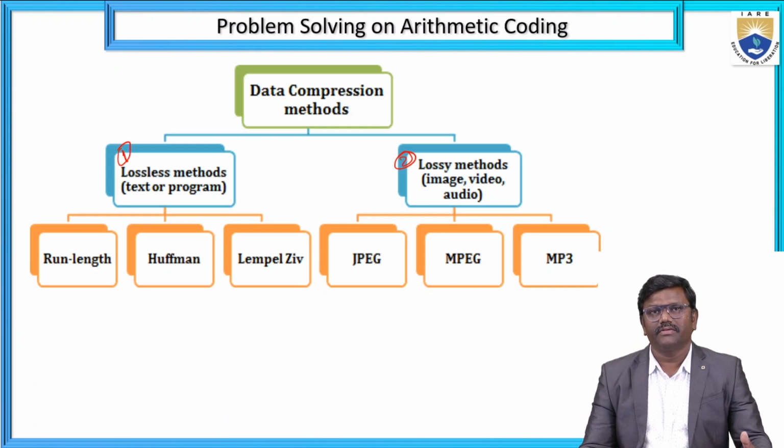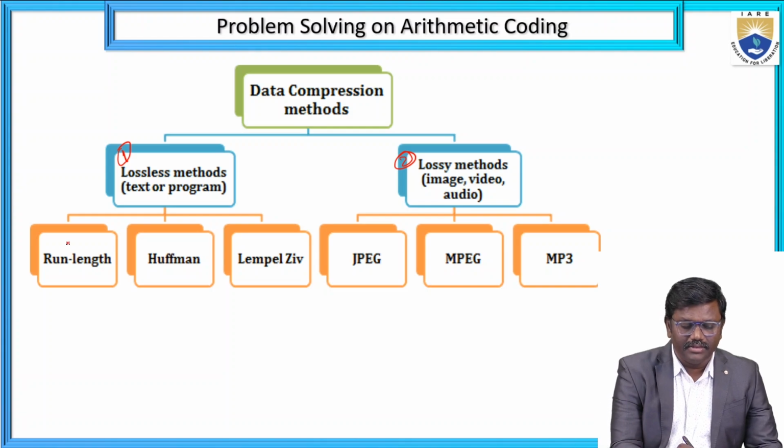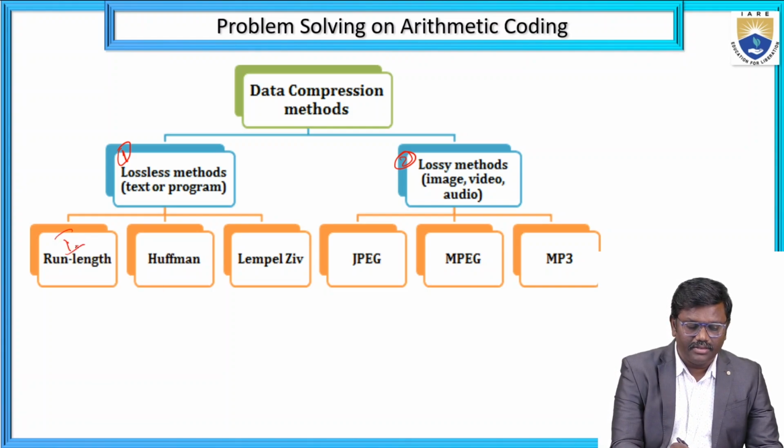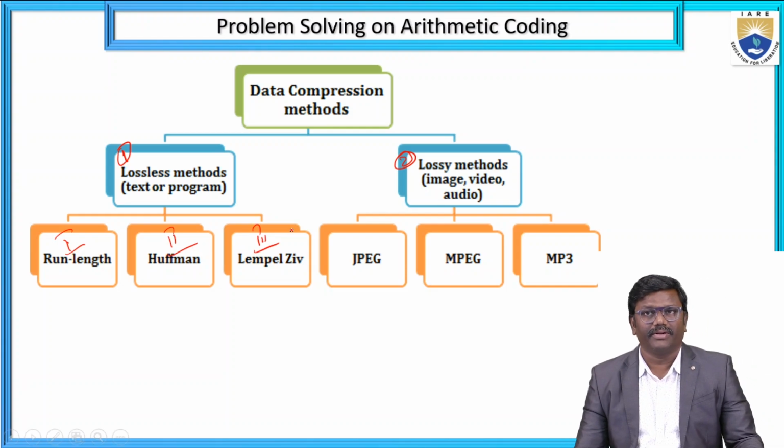In the case of lossless methods, the text or program is handled using run length, Huffman, and Lempel-Ziv. These are text or program lossless methods, and these methods are very important.